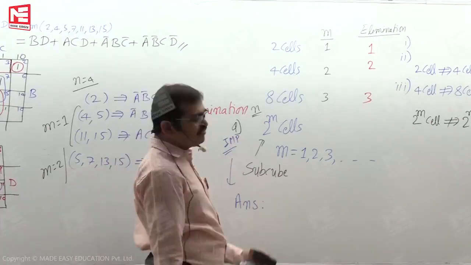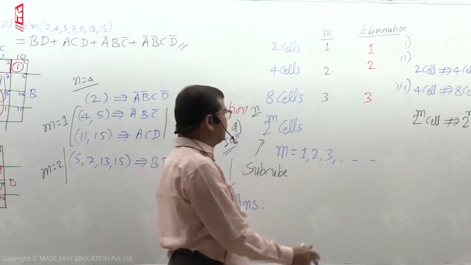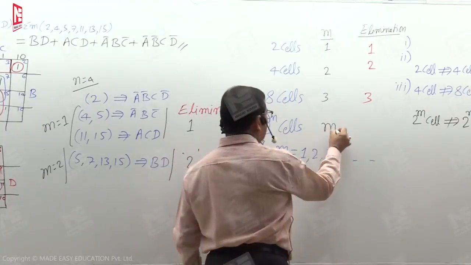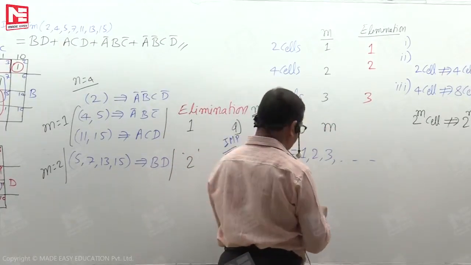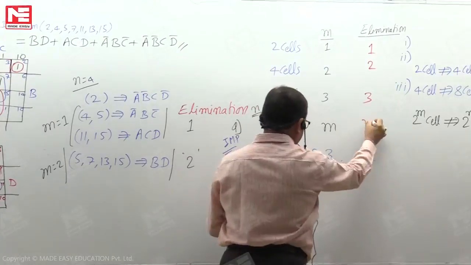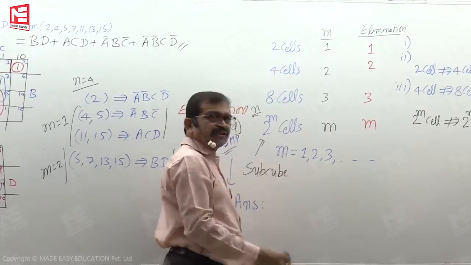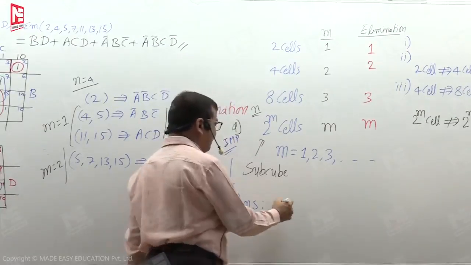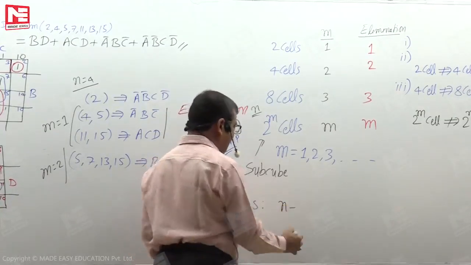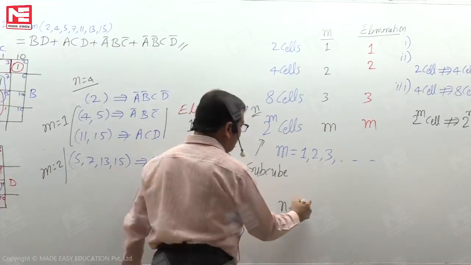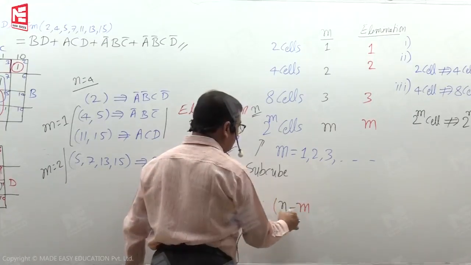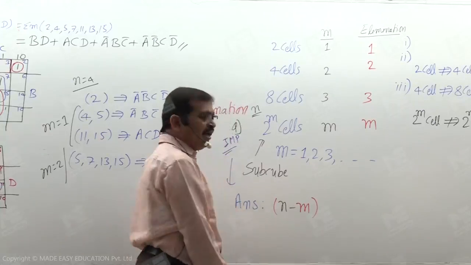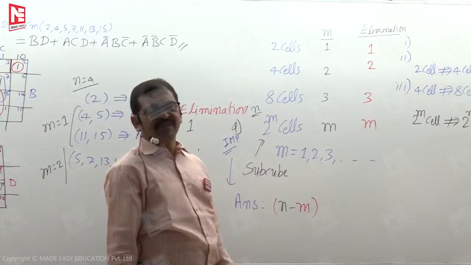When the subcube is of size 2 to the power of m cells, we are having elimination for m number of variables. Elimination is from n. So after eliminating m variables from n, how many variables are present? n minus m variables are present.